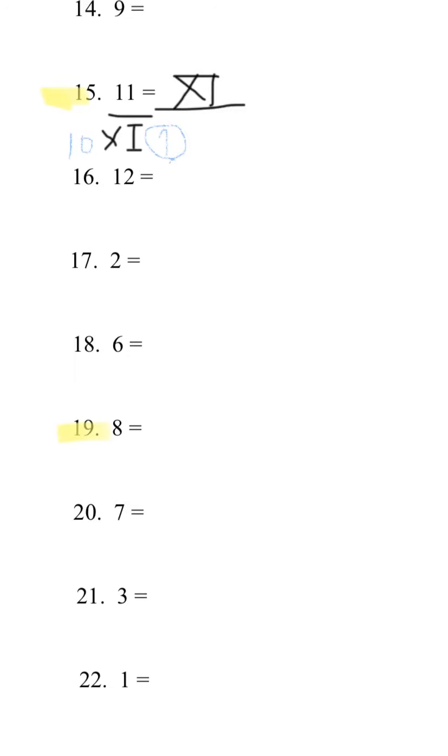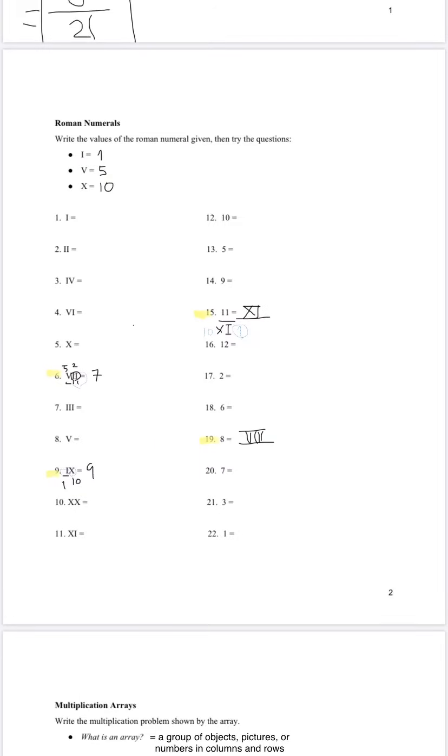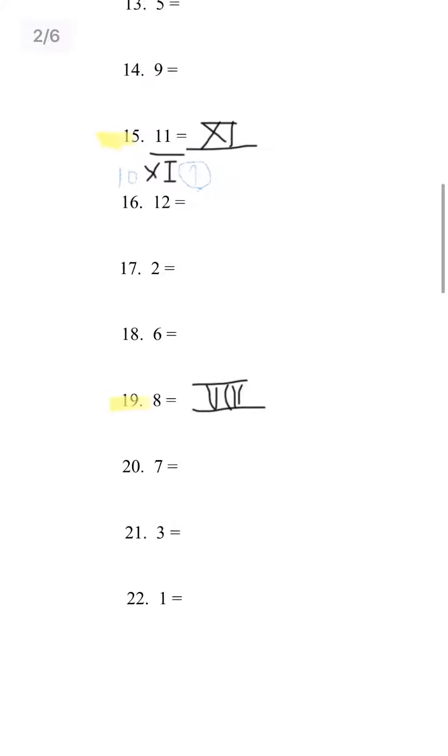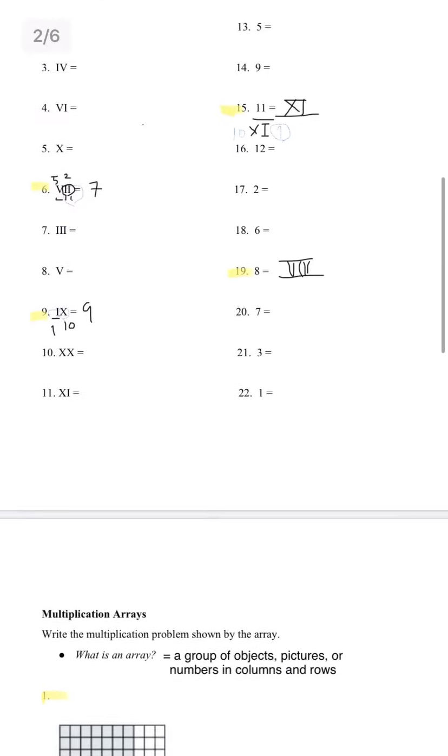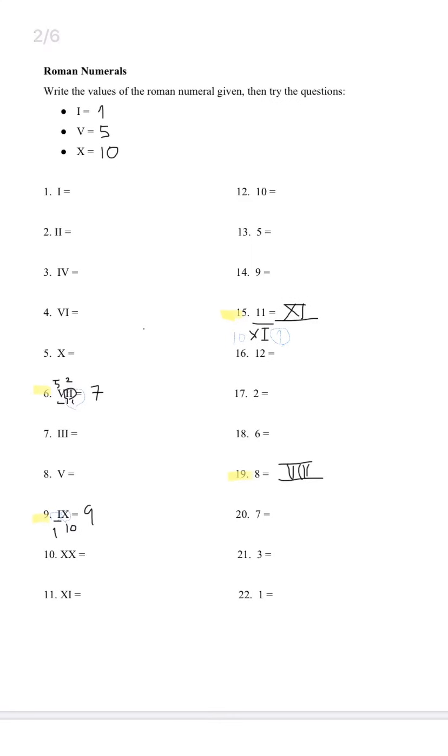We need a V and then 3 I's, right? 1, 2, 3. And then again, make sure the smaller numbers come to your right. So let me write it here. Okay. Go ahead and try the other ones. Hopefully they're not that challenging.